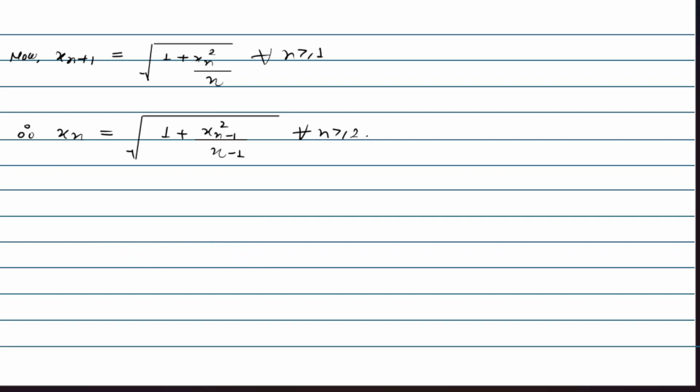Now note that as n is greater than or equal to 2, this thing is always positive, and xn minus 1 will always be a positive thing. 1 is always positive, so the thing under the root is positive.